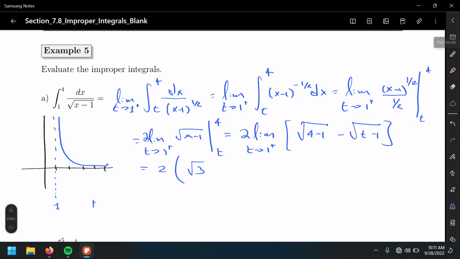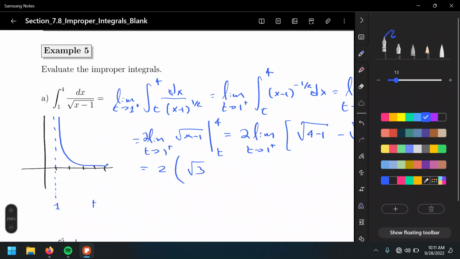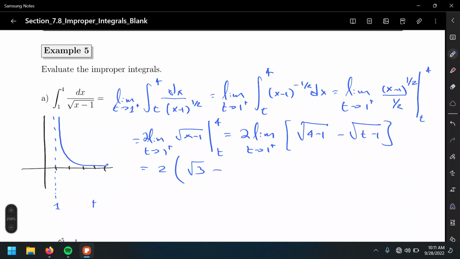And let's have a look at this limit. We want to approach 1 from the right. Well, actually, no, not from this graph. Never mind. Simply, 1 minus 1 is 0. And that's 2 times root of 3 minus 0, and the final answer is 2 root of 3.